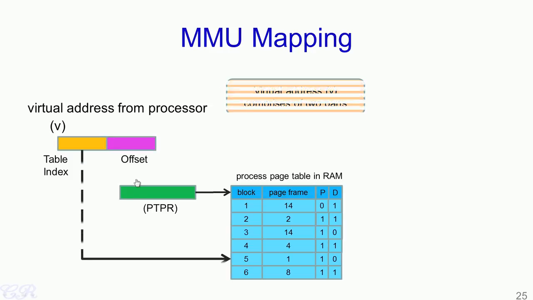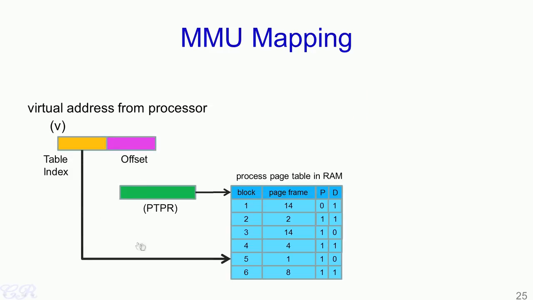When the MMU obtains this virtual address, it is going to look up the process page table corresponding to the offset present in the table index. The PTPR would be the base address of this particular process page table, and the higher bits in the virtual address would correspond to the offset in the process page table.